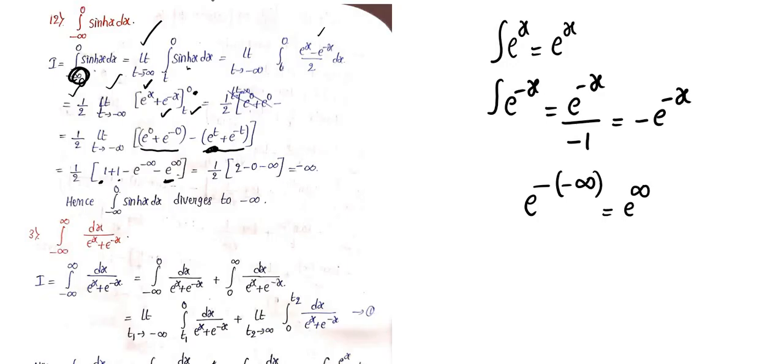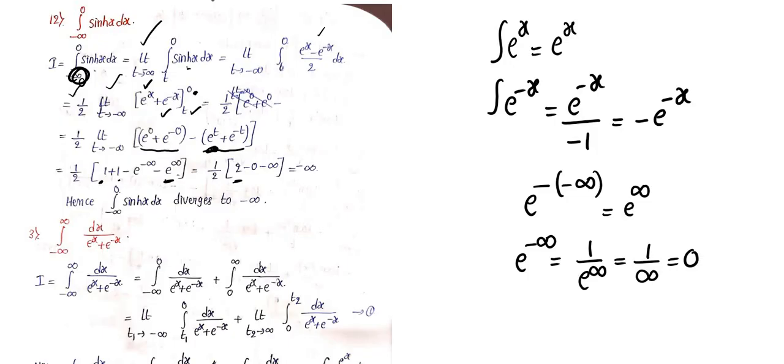Here I am getting e power infinity. 1 by 2 into 1 plus 1 is 2. e power minus infinity is 0, why? Because e power minus infinity equals 1 by e power infinity, that is 1 by infinity, which is 0.